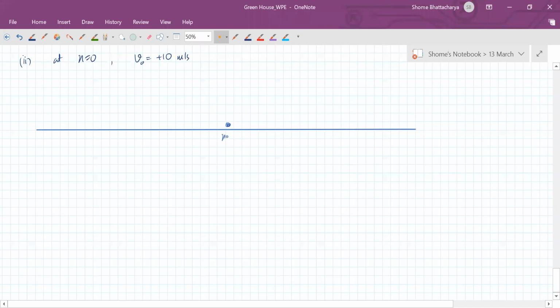So if this is the position x equal to 10, here it has a stable equilibrium. That means at this point, the force on the particle is 0. It also means that at any point like this, the force on it is restorative. Because it has only a single stable equilibrium point.